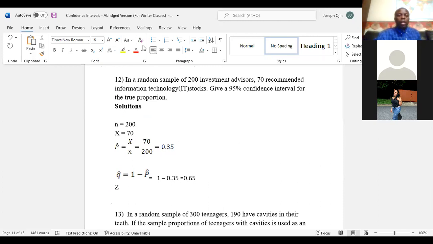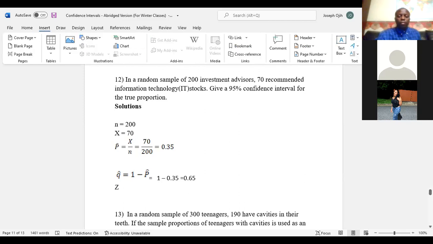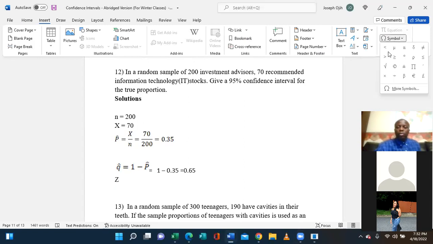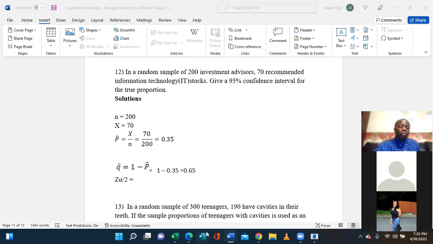The computer is really acting up today. So our z alpha over 2 equals, because it's 95%, let's see if it's on the table. If it's on the table, we use it. If it's not, we can calculate it using the formula that I explained in class.